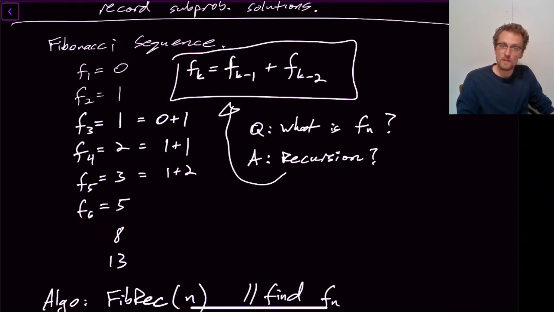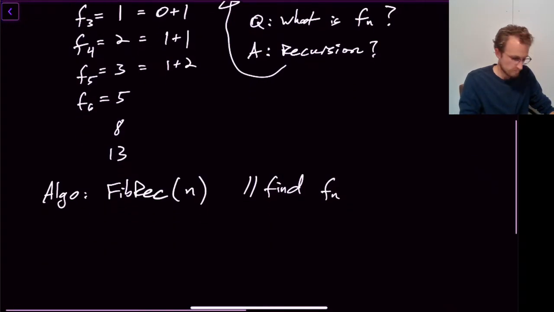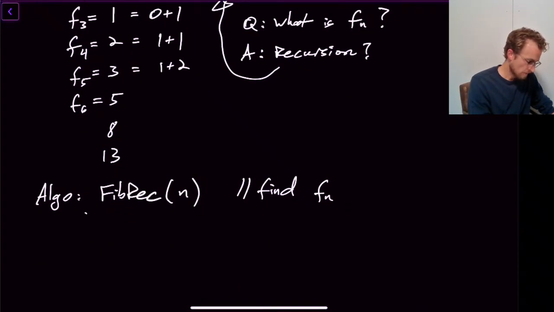So our base cases are given to us here by the definition of the sequence. So if n equals 1, right, if we're asking for the first Fibonacci number, then we just return 0. If n is 2, then we return 1.